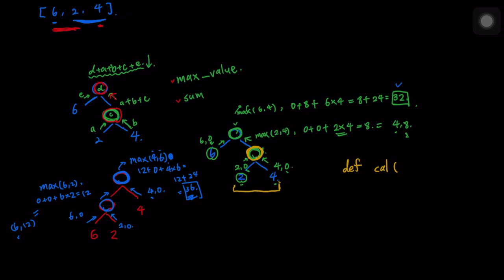So we would like to have its left boundary and its right boundary. And then after this calculation, we'll return a tuple. It is the maximum value and the sum.